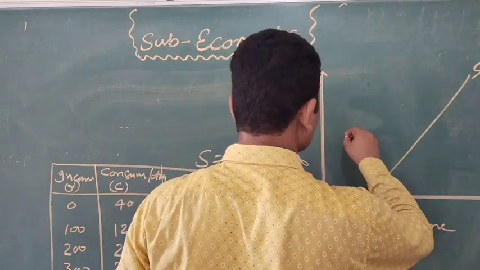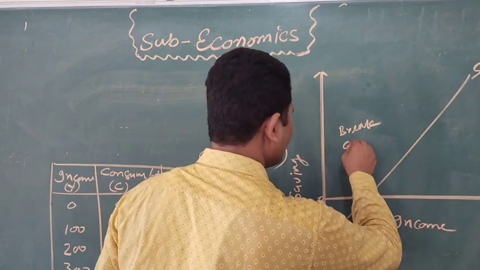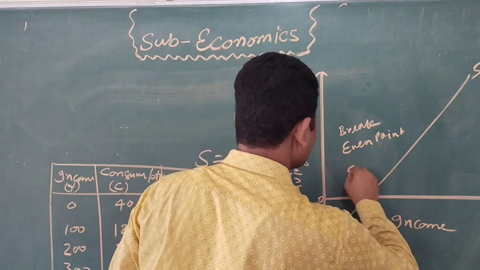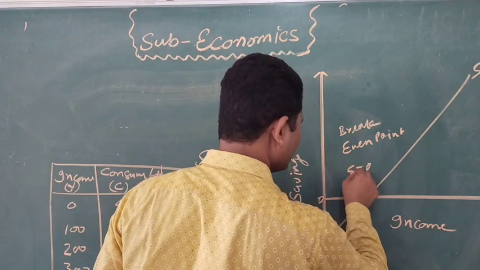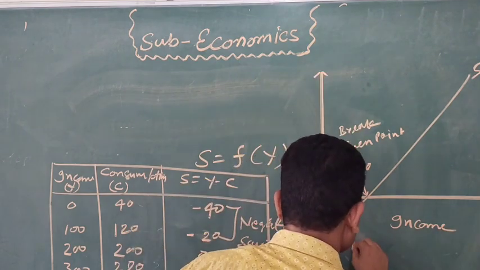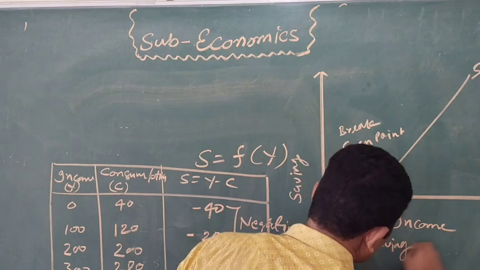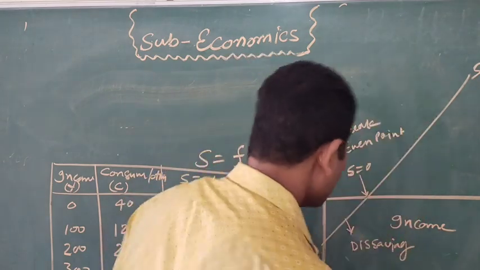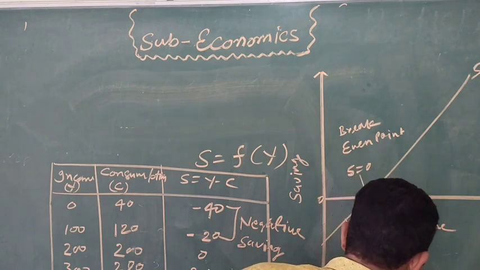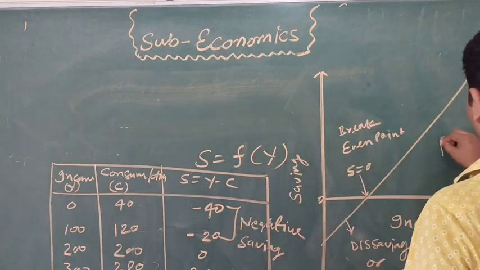At this point, that is known as the break-even point. Here saving is equal to 0. At the break-even point, saving is 0, and this part shows the negative saving and this is the positive saving.